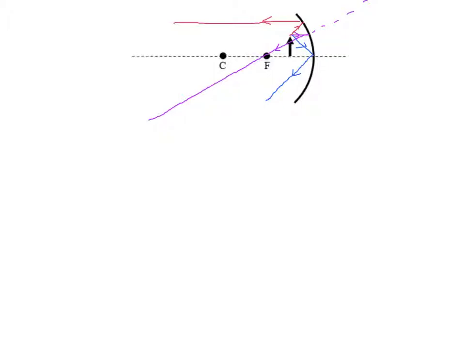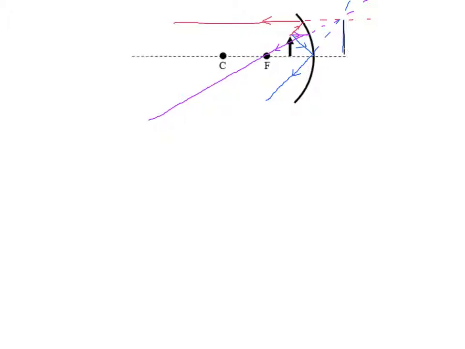The reflected part was parallel, so I'm going to trace that reflected part backward. And finally the midpoint ray, if I trace that reflected part backward, it's going to be like this. And you can see that all three of those rays crossed at the same point on that side of the mirror. So I can draw the final image from the axis to that point.